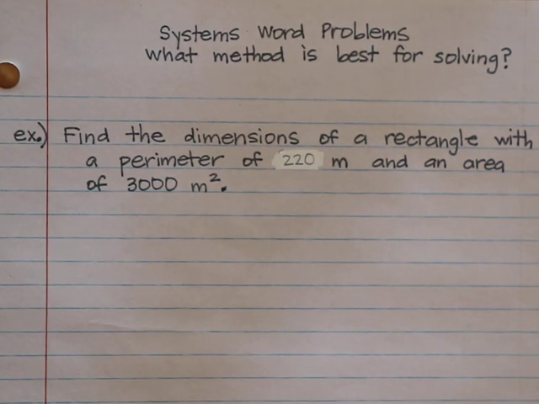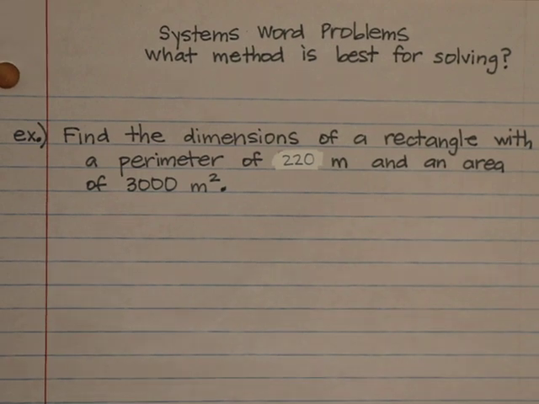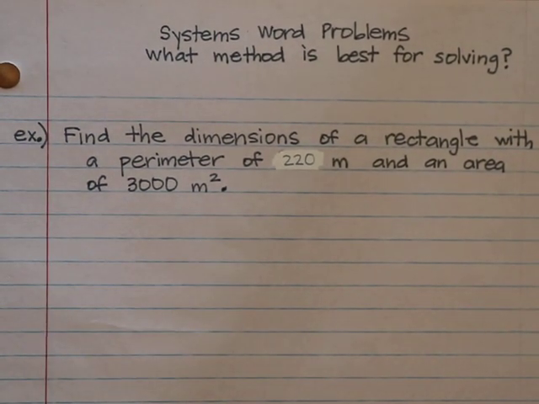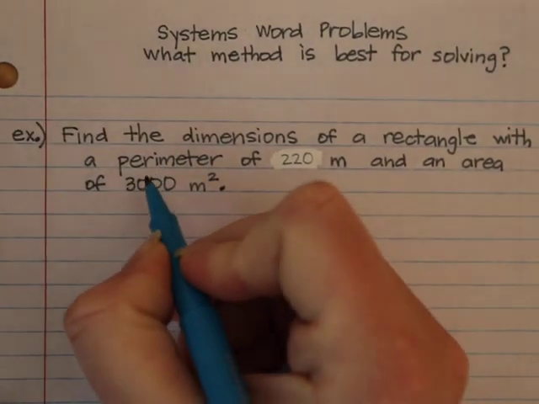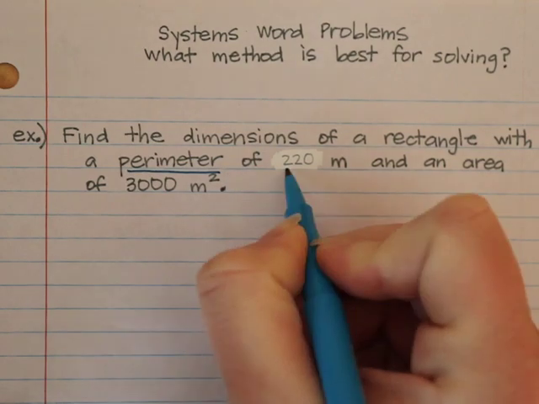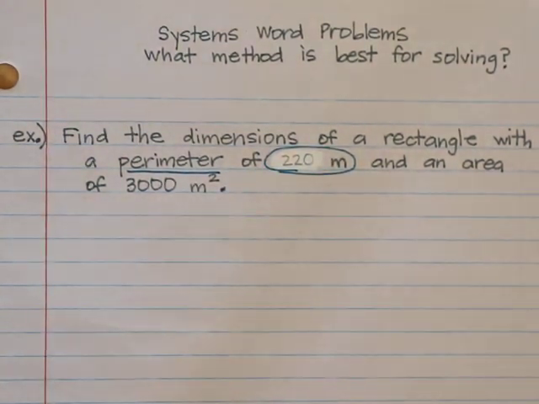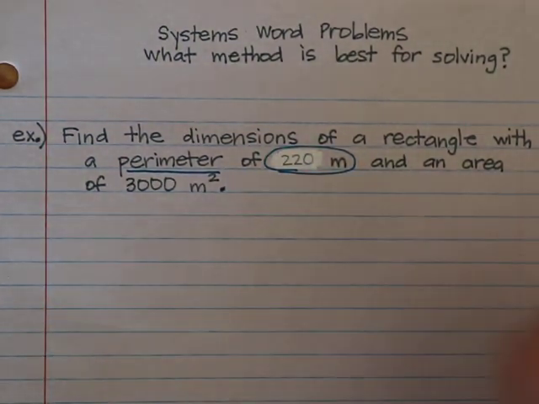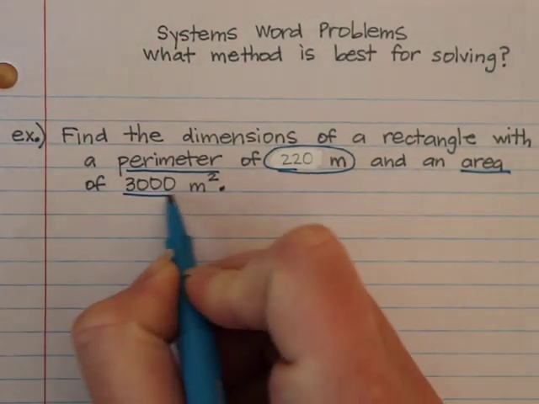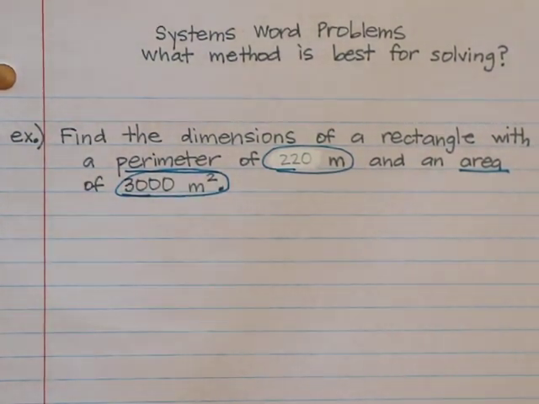As we get going, I'm going to keep track of some things that will help us get this solved. As I look at the first one, find the dimensions of a rectangle. In other words, I have to find the length and the width with a perimeter of 220 and an area of 3,000 meters squared.